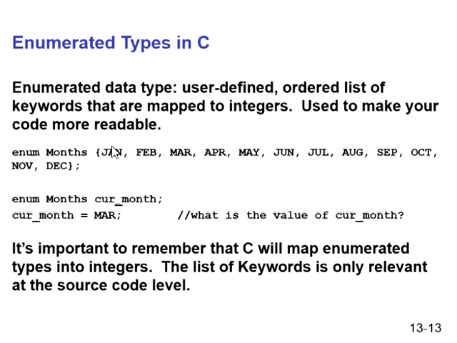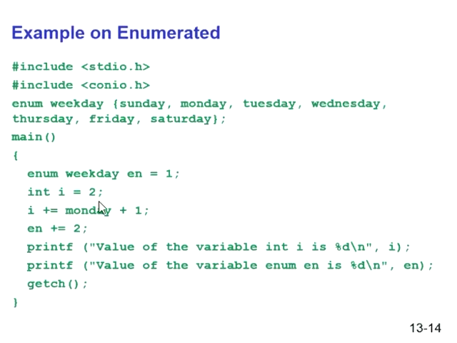At that time we say we have 0, 1, 2, 3, and then we assign March to code month. We have 2, which is assigned to this variable. So it's important to remember that enumerated types map to integers, over here 0, 1, 2, 3 to 11. We have an example for this.